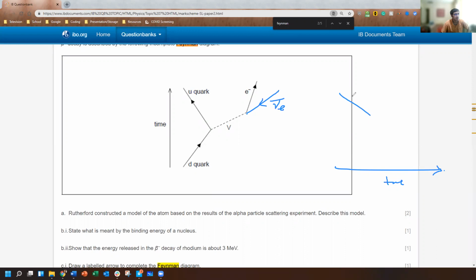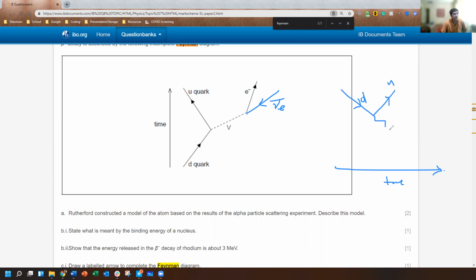What would it be then? Up quark goes this way. So as time passes, the down quark, I think this is what it would be. Down quark here becomes up quark.